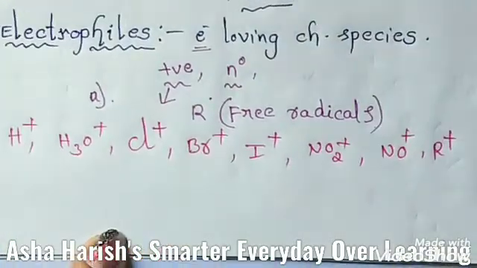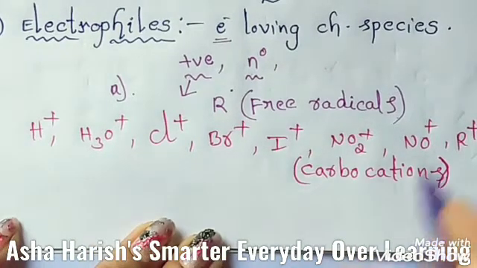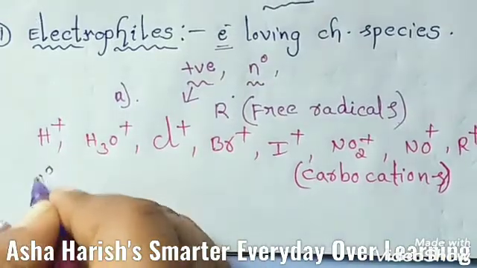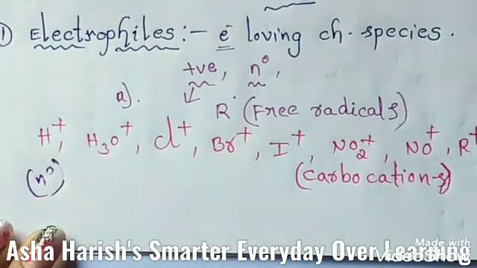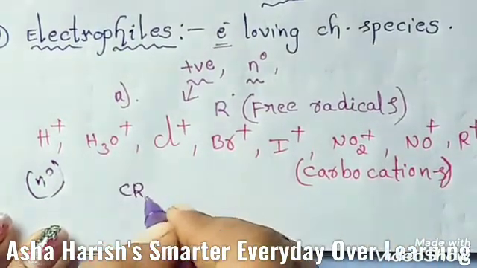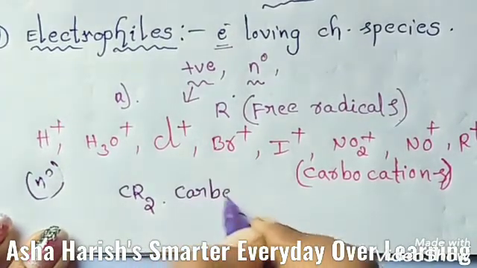These are carbocations. And neutral electrophiles. Let's see the examples of neutral electrophiles. These are also free radicals. For suppose CR2, this is for carbenes.